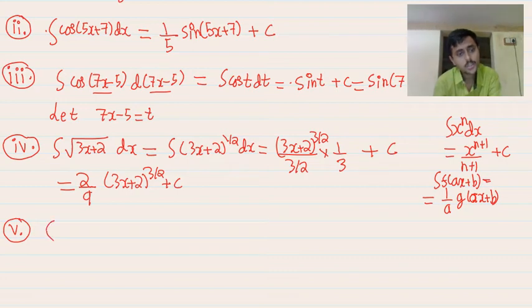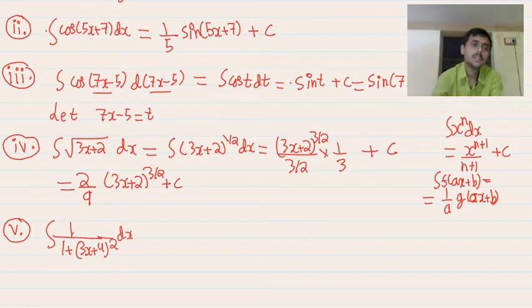The next question is integration of 1 upon 1 plus (3x plus 4) whole squared dx. Now this is based on a formula that I have not given to you yet.